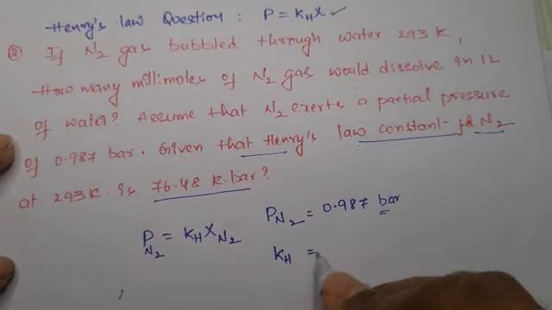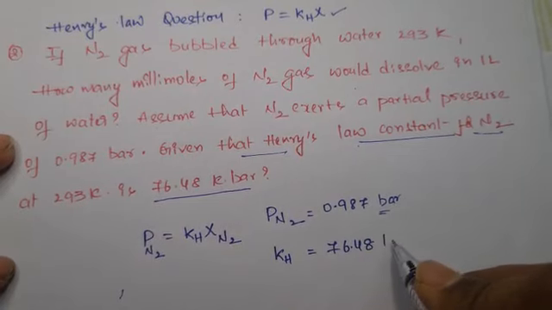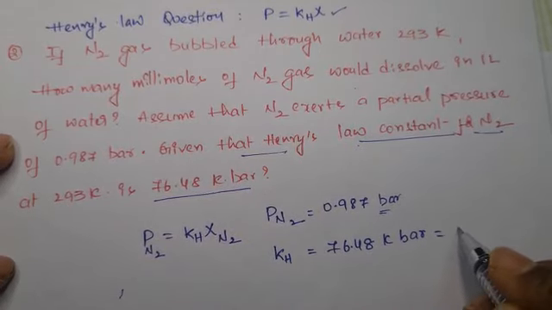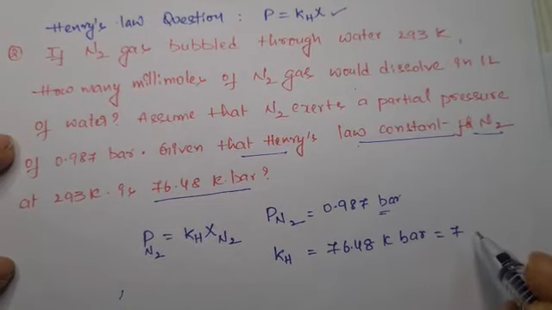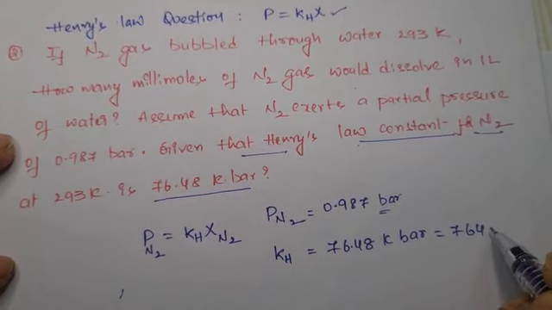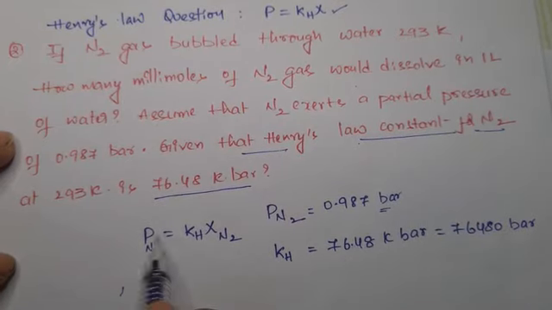KH equals 76.48 kilobar. Converting kilo into 10^3, it becomes 76,480 bar. So both are in pressure units.